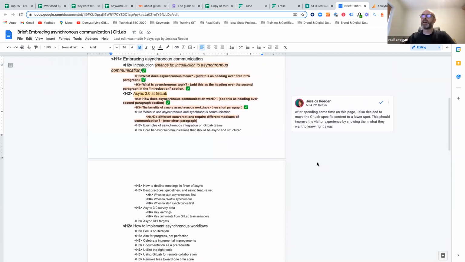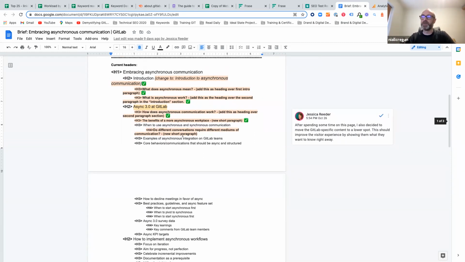The idea was to tie some of those terms into key headings that will describe what's being provided on the page, but also indicate to search engines the relevancy of the content of the page to the overall topic.